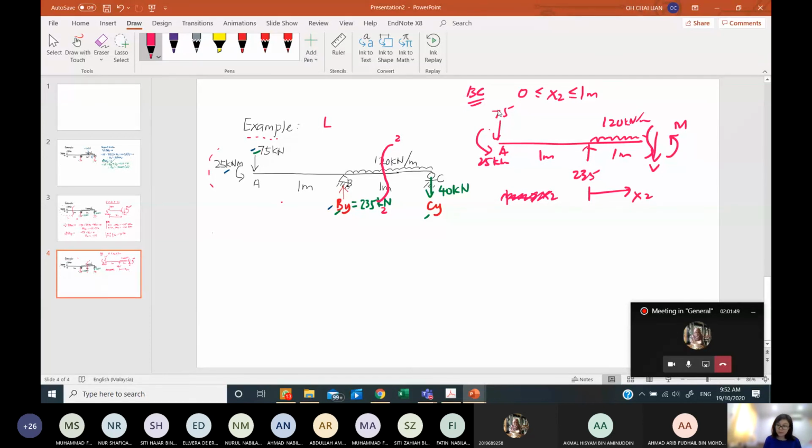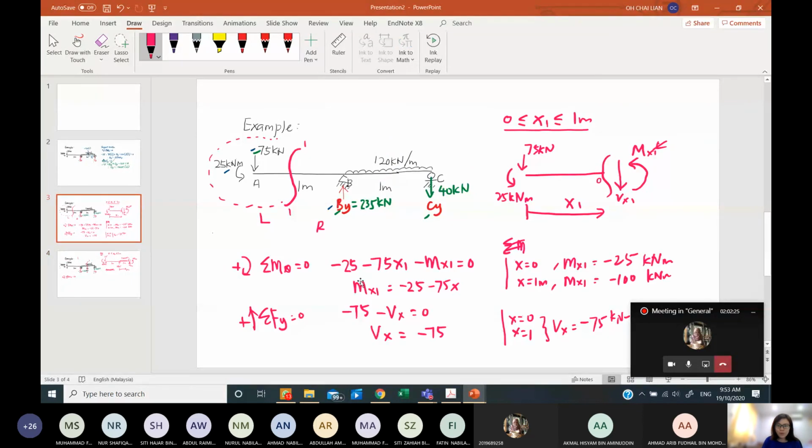Now we can continue with taking moment, summation of moment equal to 0. Do I miss out anything? Let me see. 75, 25, okay, 235, V at x and x, correct? So this is number 2, right? Okay, so to get this moment equation, I will need to copy your previous moment equation.